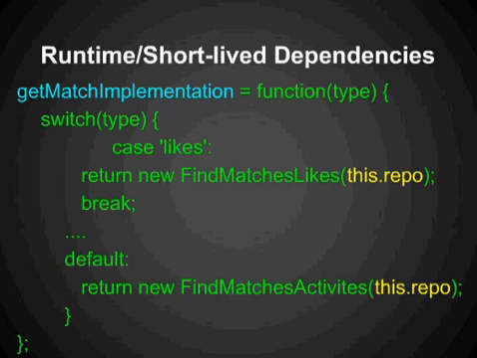And then for the implementation on the prototype of the getMatchImplementation method, you'll see here I'm doing something slightly strange. Again, I am taking the runtime value, which in this case is a string, likes, distance, activities, and I'm going to return to it a dependency.